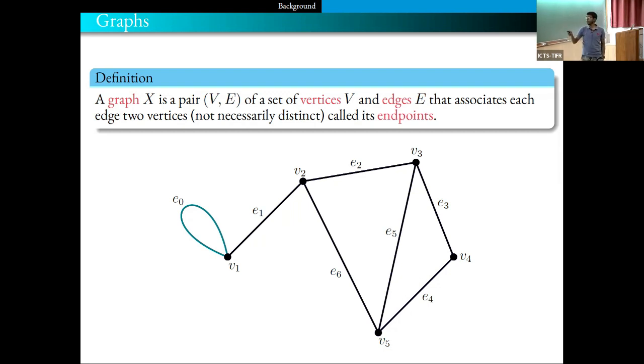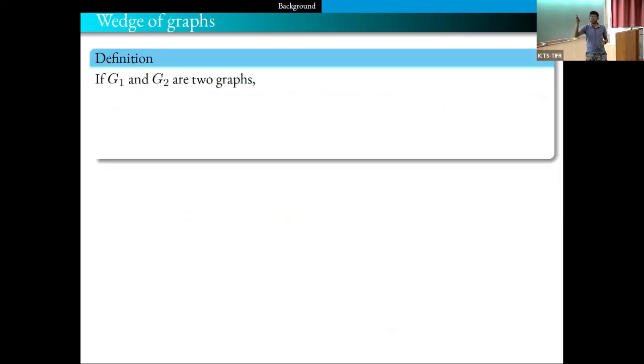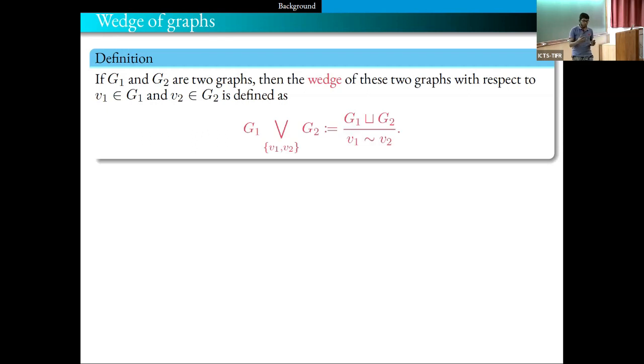Now what is the wedge of graphs? This is not restricted to graphs. The definition is the same for any topological spaces X and Y. If you have two graphs G1 and G2, the wedge of the two graphs is like you fix a vertex V1 in G1 and V2 in G2, and glue these two vertices.